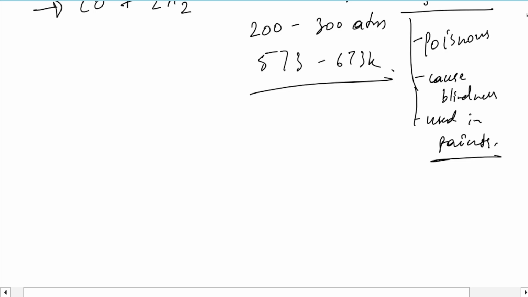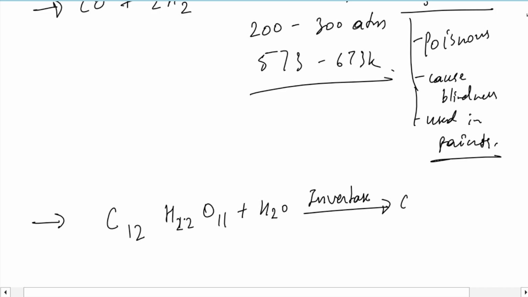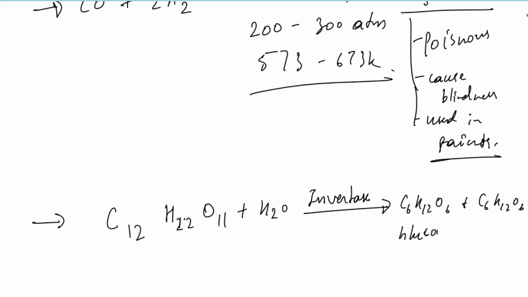How can we prepare ethanol? That's using sucrose. It will form C6H12O6 plus C6H12O6, glucose and fructose.